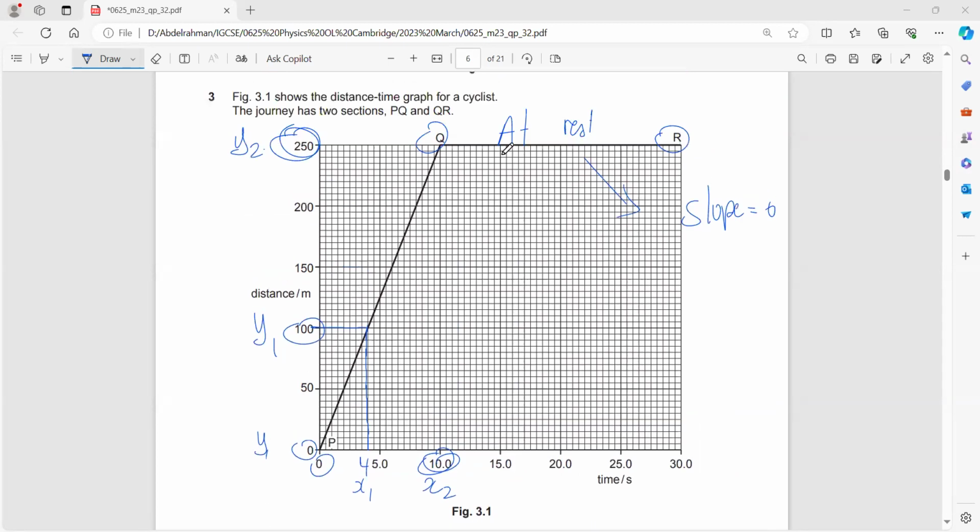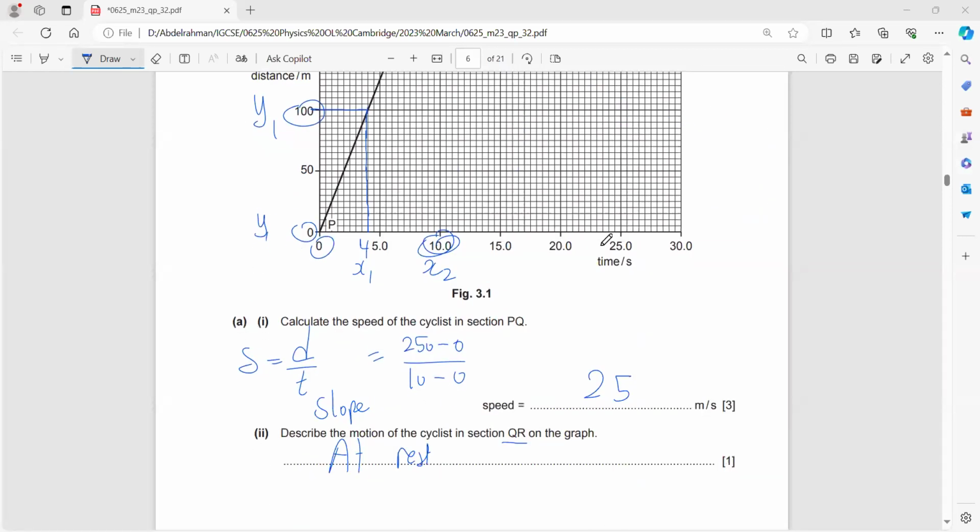Does he even have a speed in this section? No, the speed is 0, so not the resultant force. I know it is 0, but he's not asking about the resultant force. He's asking about the speed. Describe the motion. Is he even moving? No, he's not moving, so the speed is 0. He is at rest. Any questions on the question?